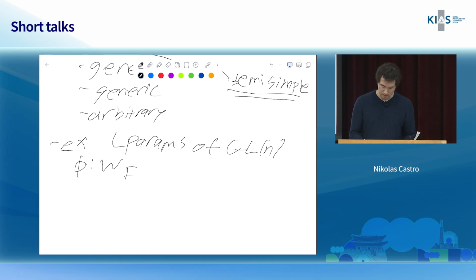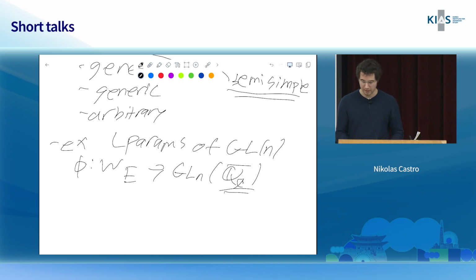So if we let phi be a map from WE to GLN of QL bar, and in this talk, I will always be taking QL bar coefficients. Semi-simple.